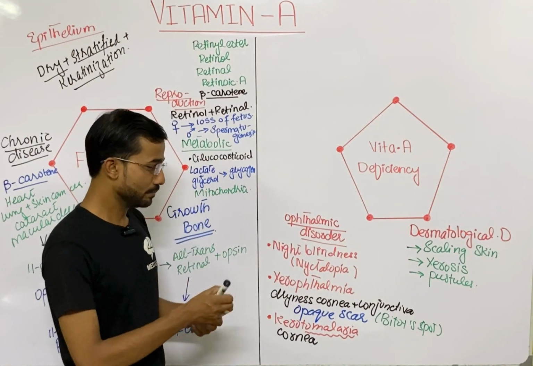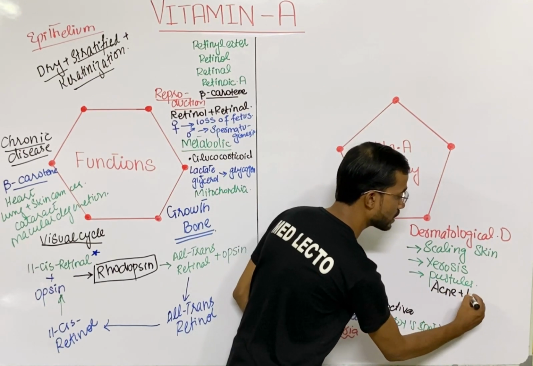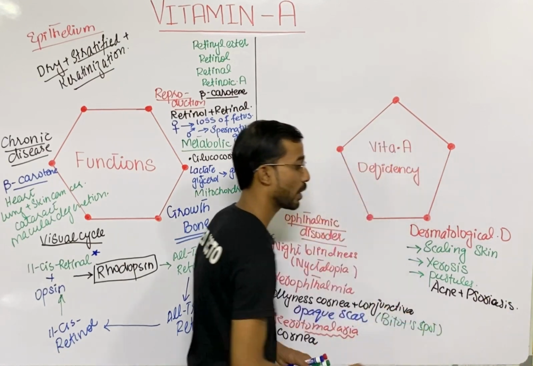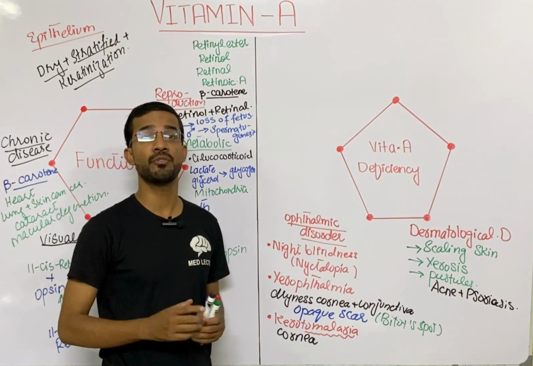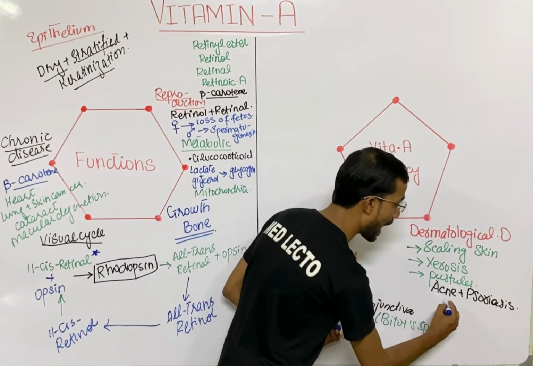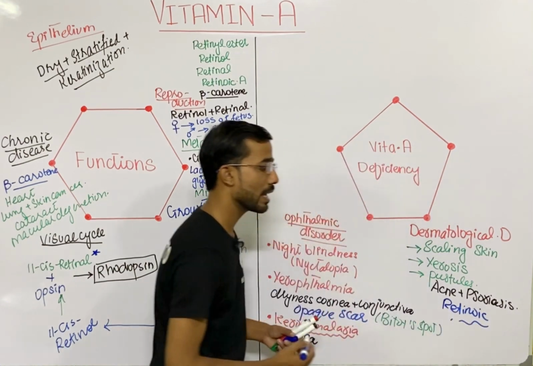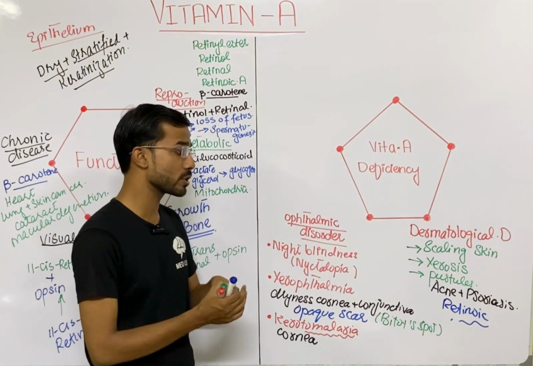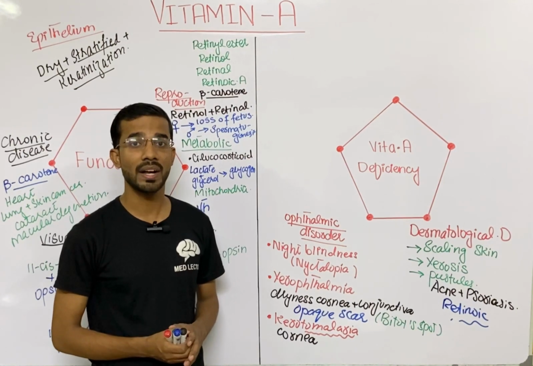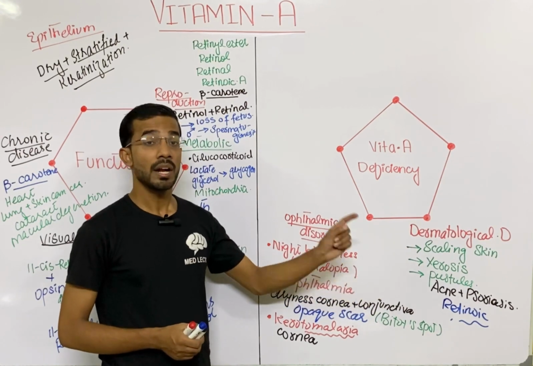Basically, if you see acne or psoriasis, vitamin A, especially in the form of retinoic acid, helps in the treatment of acne and psoriasis. That is the most important thing about retinoic acid and its derivative, retinol.